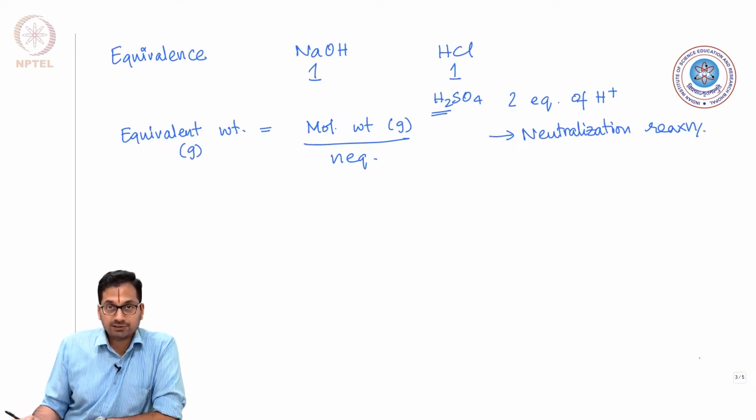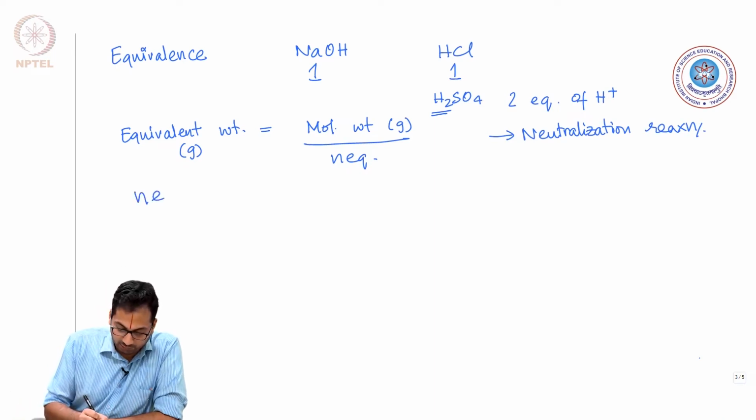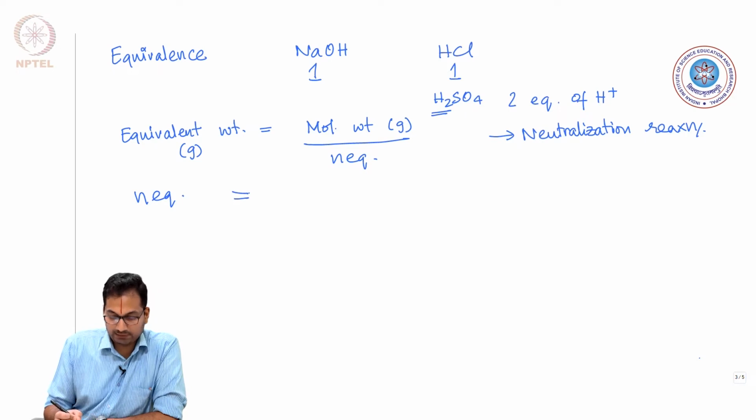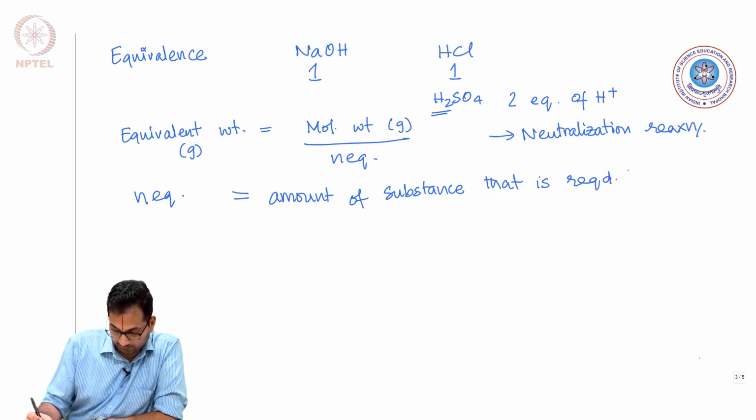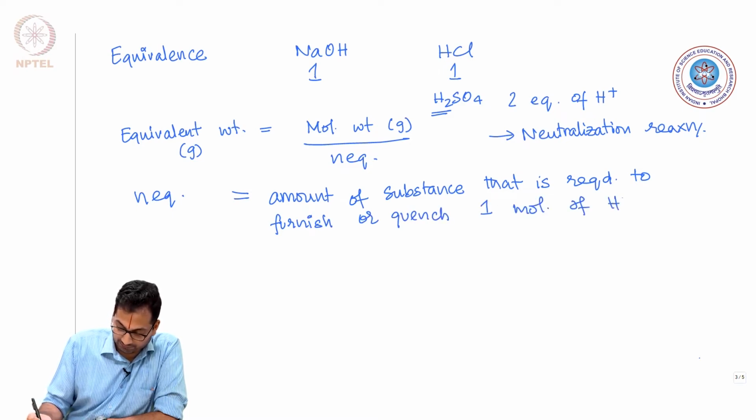In case of the neutralization reaction, the number of equivalents is defined as the amount of substance that is required to furnish or quench 1 mole of H plus.